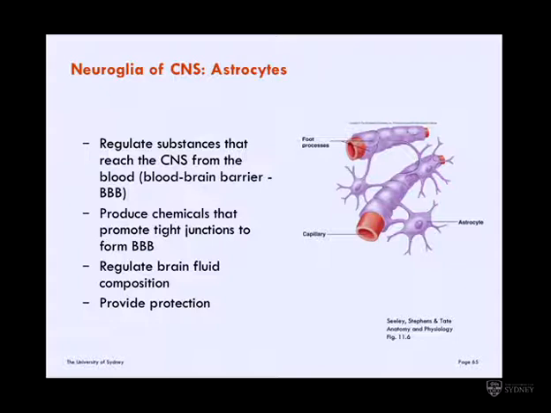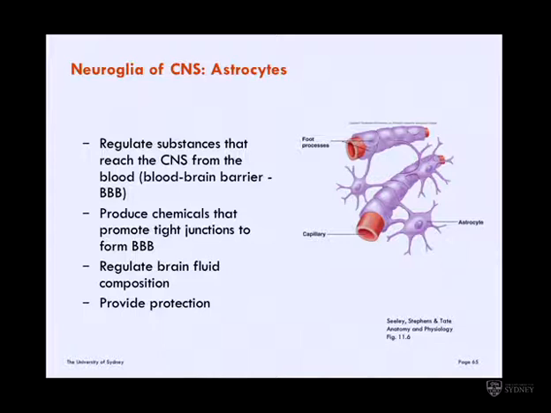So looking at the astrocytes, they're very important in regulating substances that enter the central nervous system from the periphery. So as you can see here, you have a capillary blood vessel, right? And the foot processes of these astrocytes form a coating around all these blood vessels.